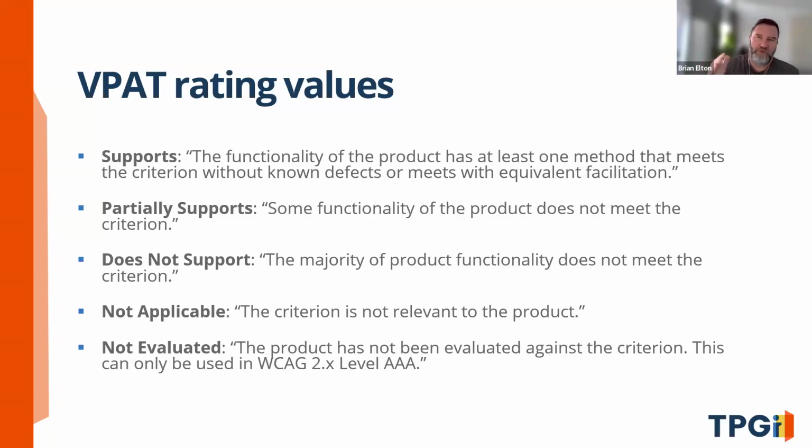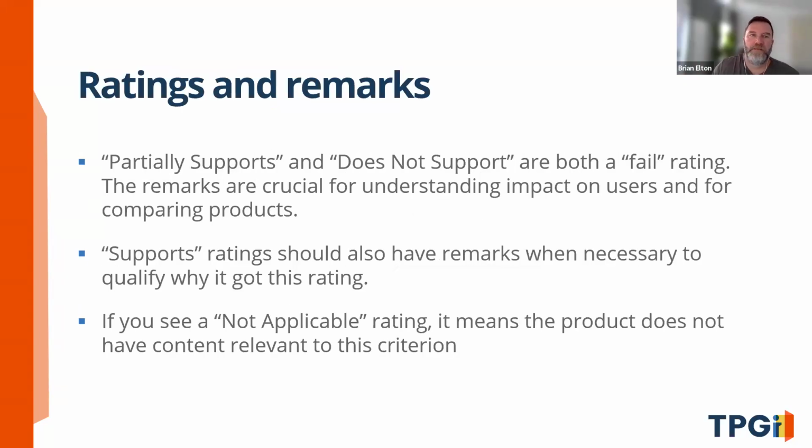But as soon as you start to go below the majority into a 50-50 type range for a lot of them, we're going to talk about does not support. So the majority of the product does not meet the criterion. When we have a partially supports or a does not support, those are both considered fail ratings.